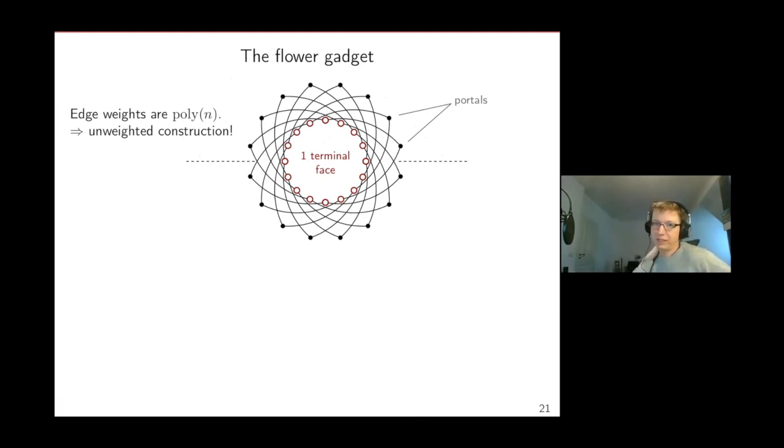And in terms of weights, again, I need to blow up the weights so that everything is an integer, and you will still have polynomial weights. So this can also be carried to the unweighted setting.